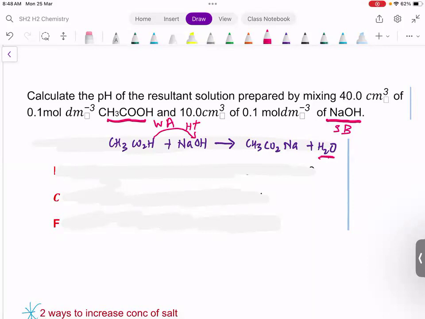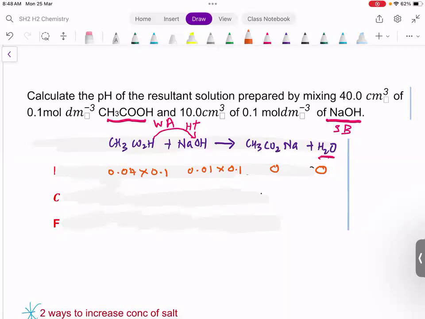Okay, so what is the initial amount of your weak acid? Initial amount of your weak acid will be 0.04 multiplied by 0.1, right? Then initial amount of your strong base, 0.01 times 0.1. This is 0 and 0 to start with. So what is the change? You notice that something is in excess, right?